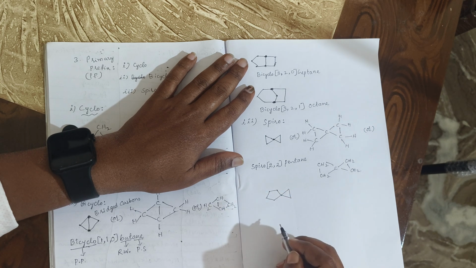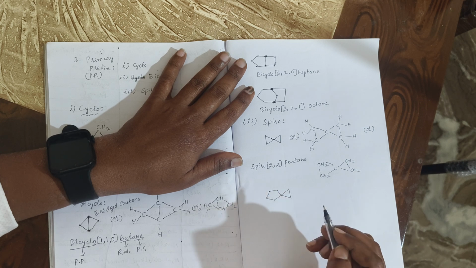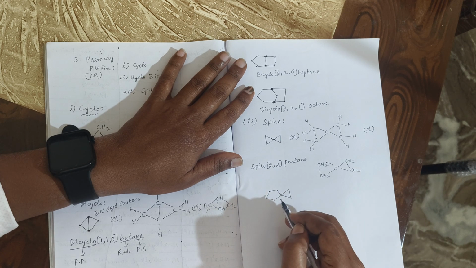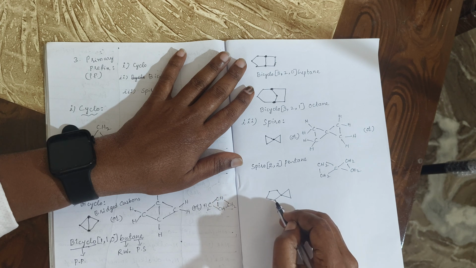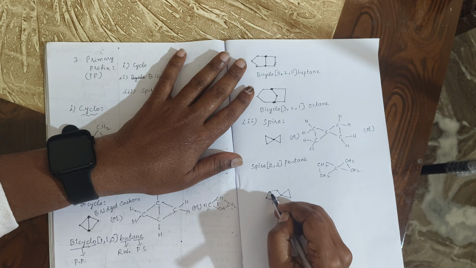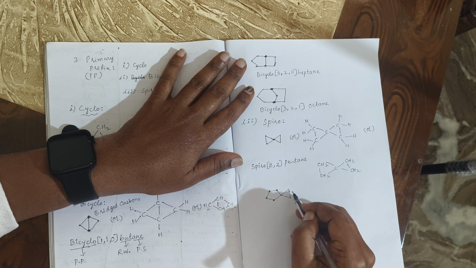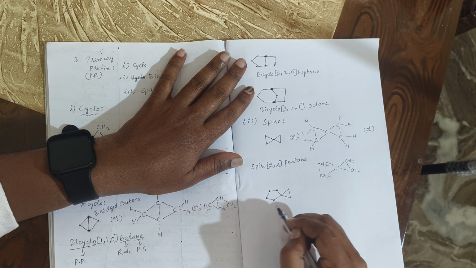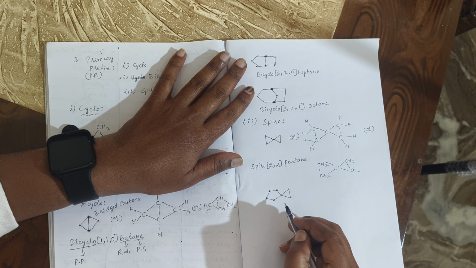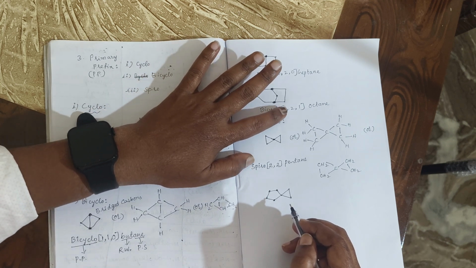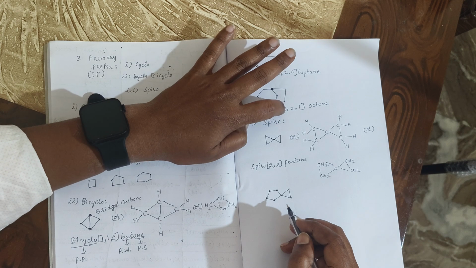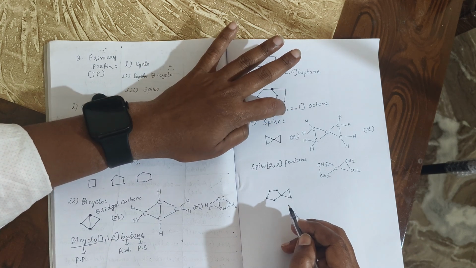You see here, what is the name of this compound? Here, two carbons on the right and four carbons on the left of the spirocarbon. In bicyclic compounds, we took positions from higher to lower: 3, 2, 1.